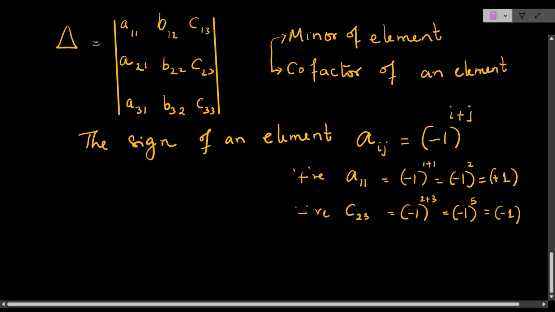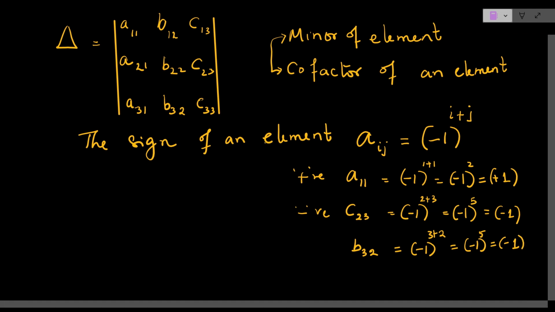Let us take another one, students. So B32. So (-1) to the power 3 plus 2. Here also the power is odd, which means negative. So the sign for this element will be negative. Did you understand, students? Let us take one more example here.